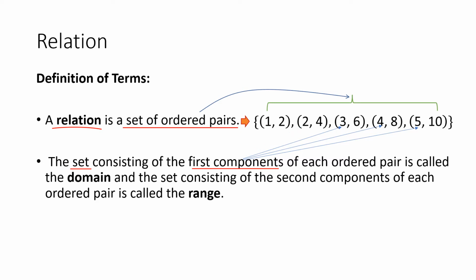So these are the first components of the given ordered pairs. Take note that for each ordered pair, the set of the first components is called the domain. And the set consisting of the second components, what are the second components of these ordered pairs?